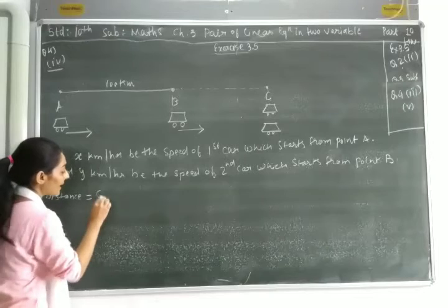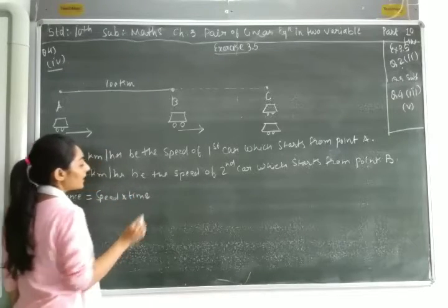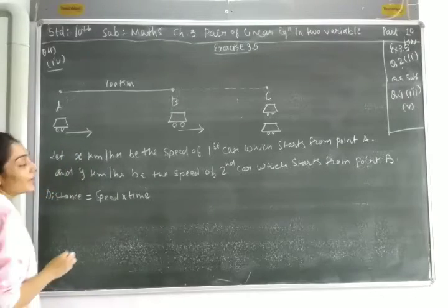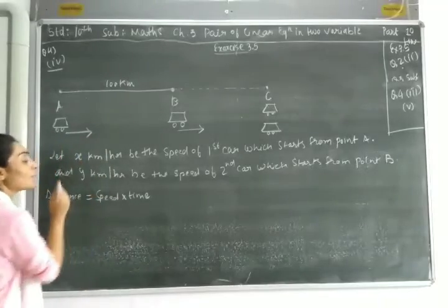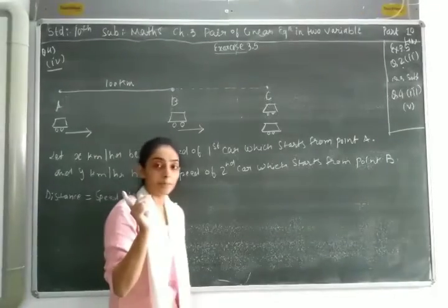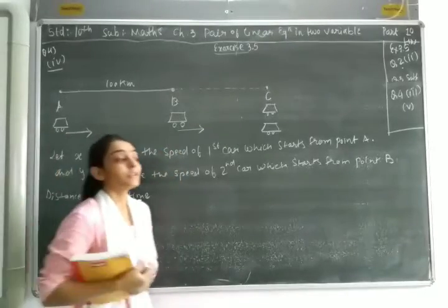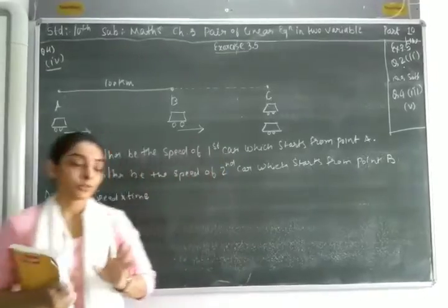See, distance, we know, is speed into time. Be careful with the units also. The speed unit is kilometer per hour, and distance here is in kilometer or meter. Our units should be the same, then we can solve that question.